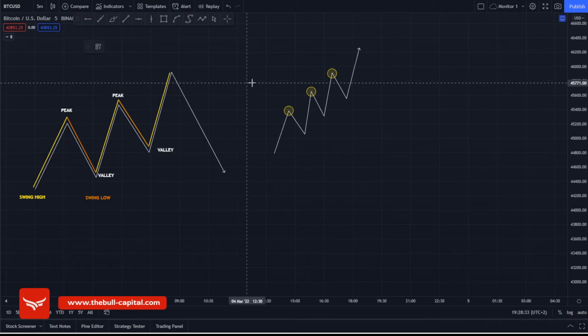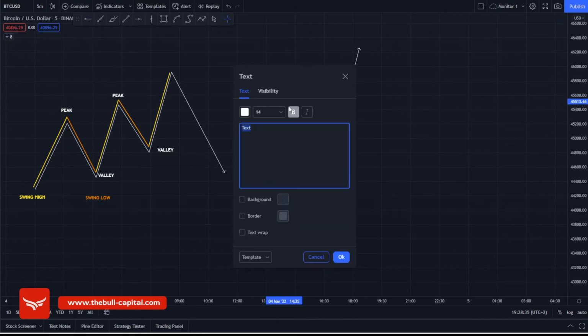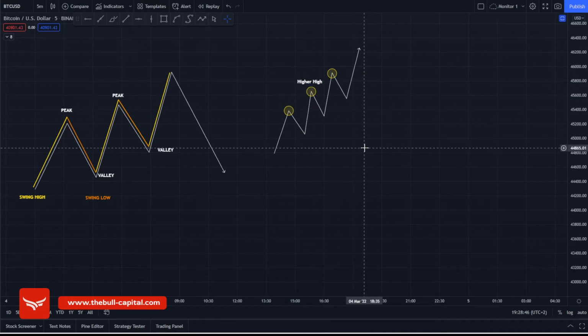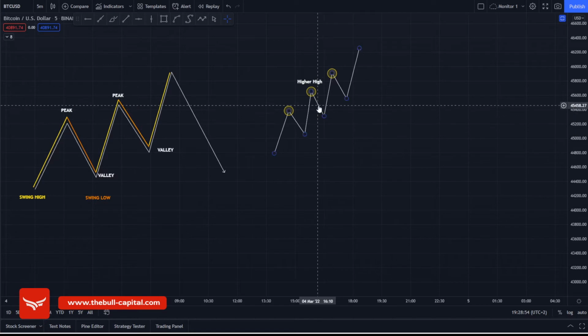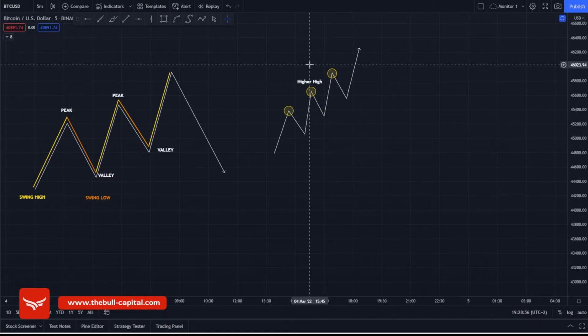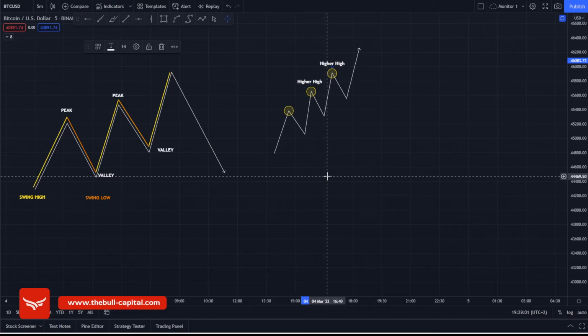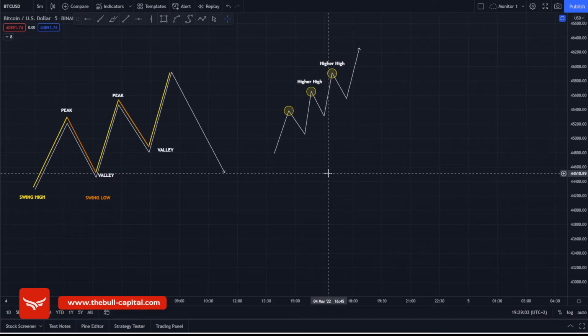It means that it created a higher peak than the previous peak. And also this one here is higher than the previous one, so that's a higher high.